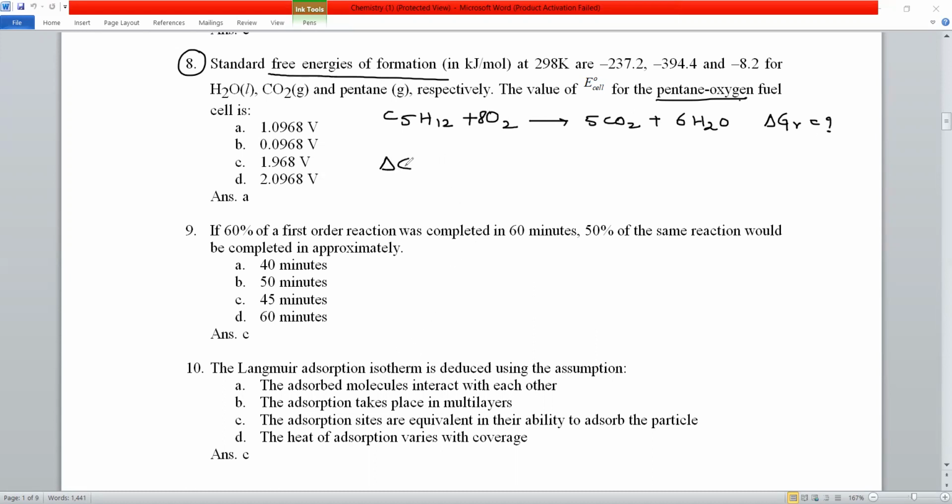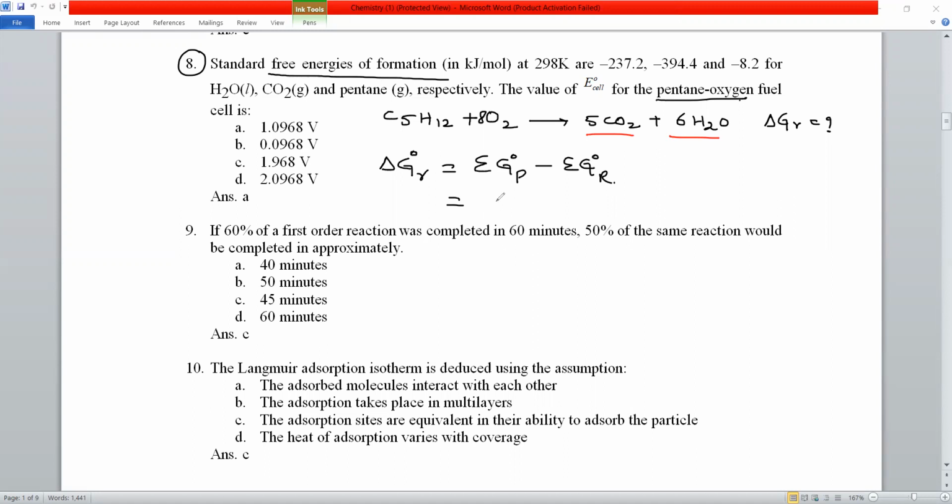The change in standard Gibbs free energy of reaction is equal to the summation of Gibbs free energy of products minus the summation of Gibbs free energy of reactants. Products are 5 moles of CO2 as well as 6 moles of H2O.